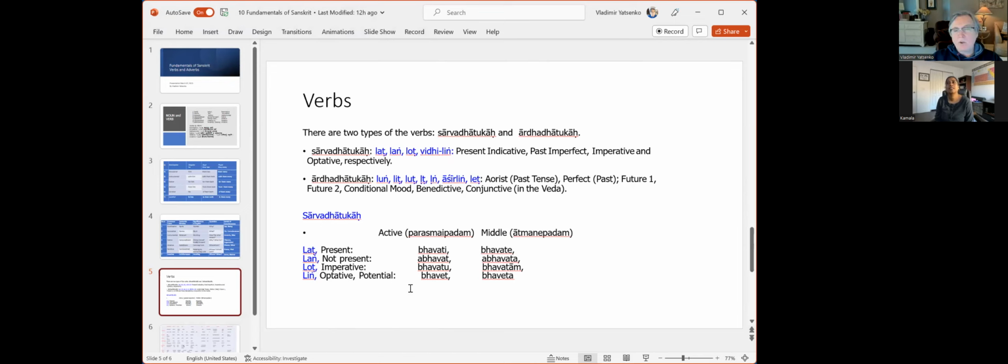Better to remember should, would, easy. But this should, would, can, shall is all falling into one potential mood, which is actually playing the role of the future tense also. So in Sanskrit originally there is no future tense.